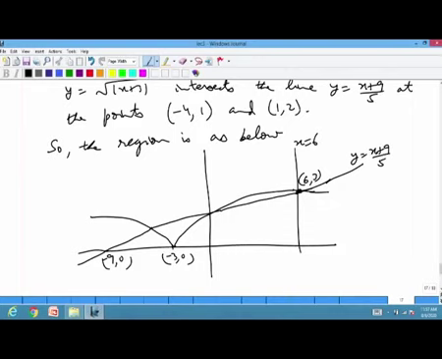So, the region is this region that we have to find the area, and these points are minus 4 comma 1 and another point of intersection is here, which is 1 comma 2. This part is y equal to square root of x plus 3, and this is y equal to square root of minus x plus 3.